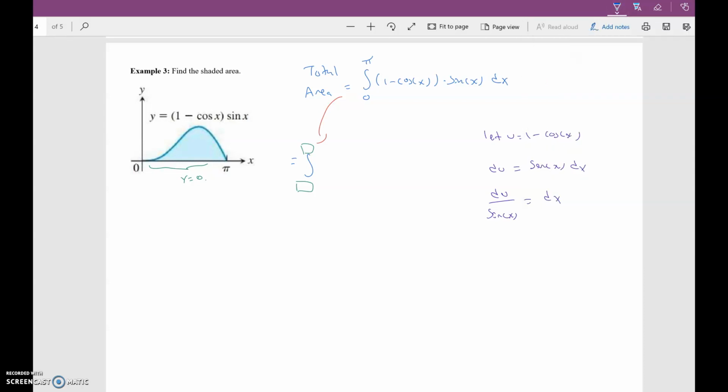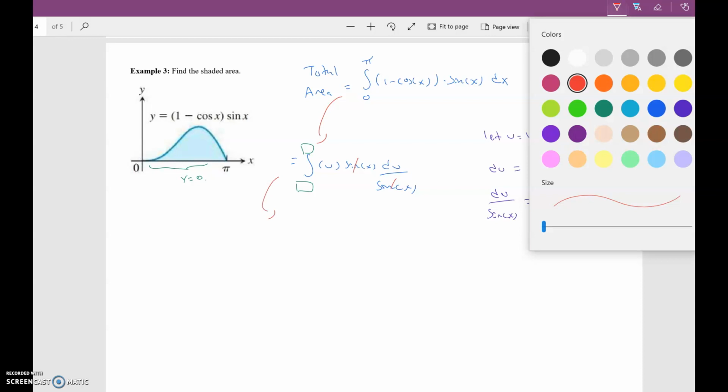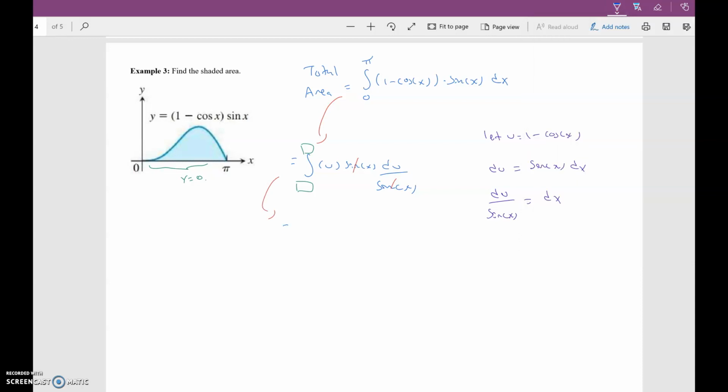So let me rewrite it as 1 minus cosine of x is equal to technically u, and then you still have the sine of x, and for dx we could use du over sine of x. And excellent news, in this case your sines cancel, the u substitution is going to work. We need to go back and replace the limits of integration, which I'll do in a minute.